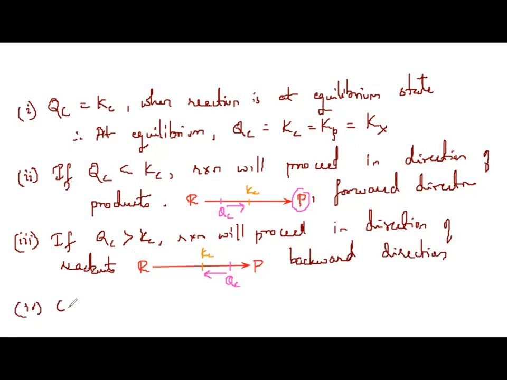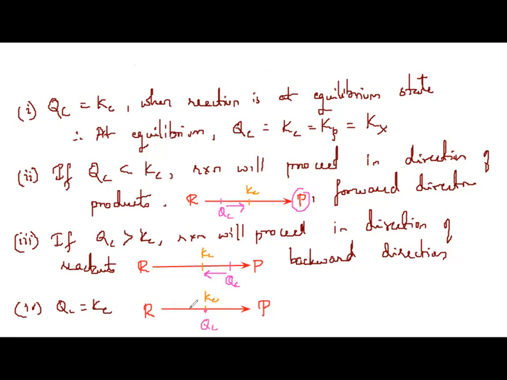And the fourth point is the same as the first. If Qc is equal to Kc, what does that mean? Again, take this: reactant you have, and here you have product. If Kc is here, then Qc is also here only.